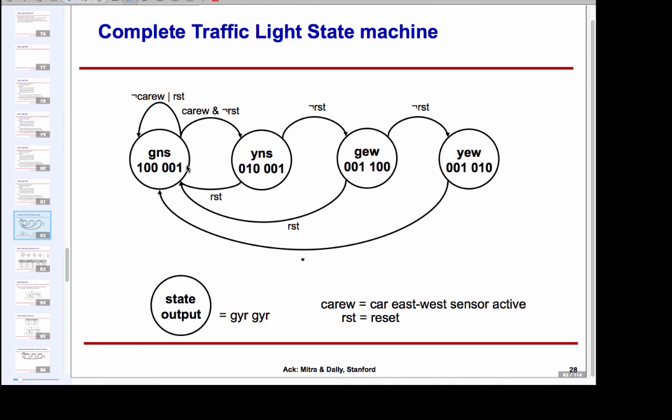And if there is a lot of traffic on east-west, this will keep happening, and we're going to simply alternate between the two. We keep green on for 1 clock cycle on north-south, yellow 1 cycle, and so on, iterating if there's a lot of traffic. If the traffic on the east-west side is very thin, then only when a car comes do we give it access. So that's what the diagram looks like.